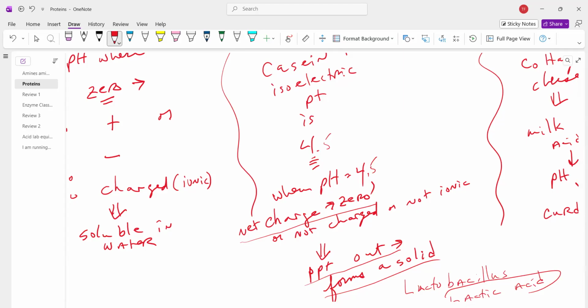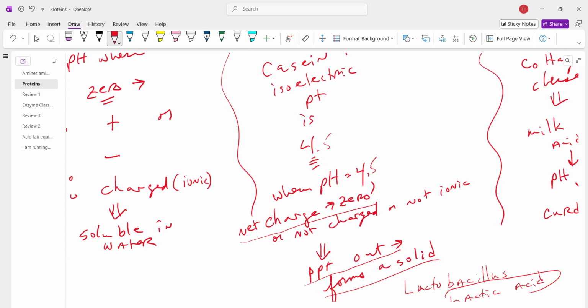And all of a sudden, you get to the isoelectric point of casein protein and you have yogurt. And the reason why yogurt has a slight tangy taste is because of the lactic acid from the probiotic lactobacillus bacteria.